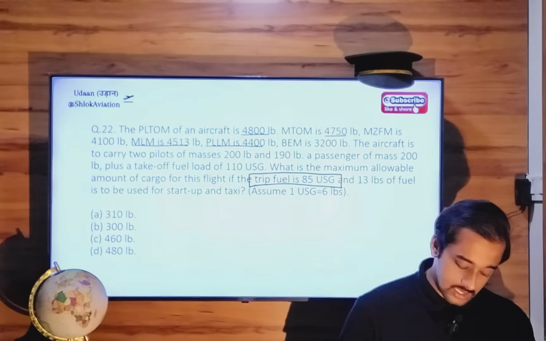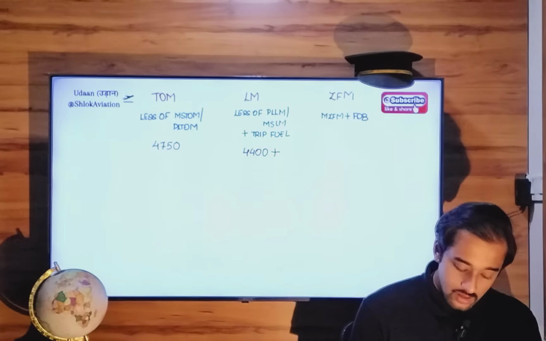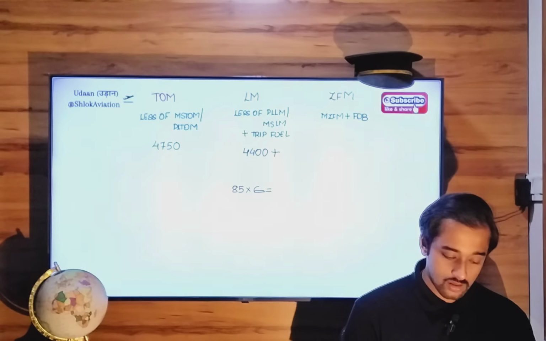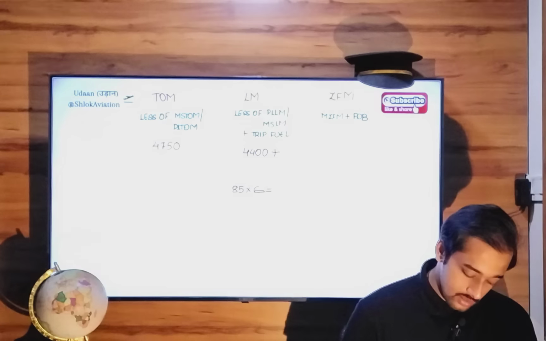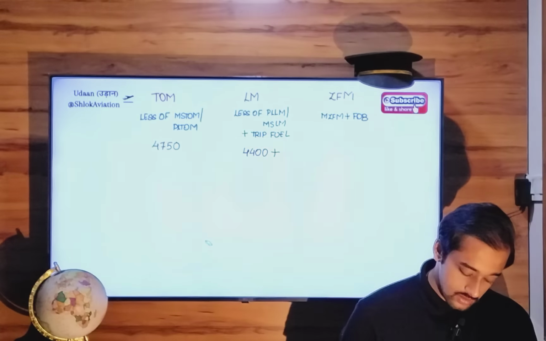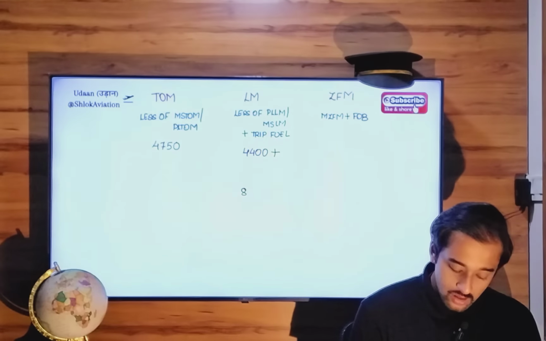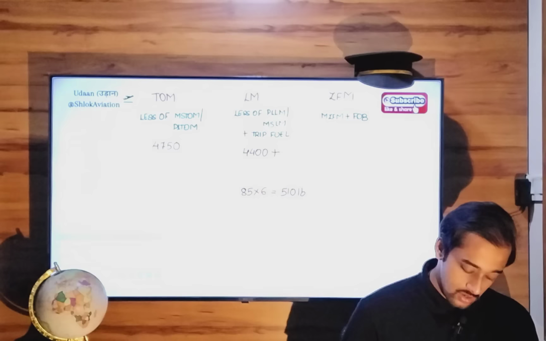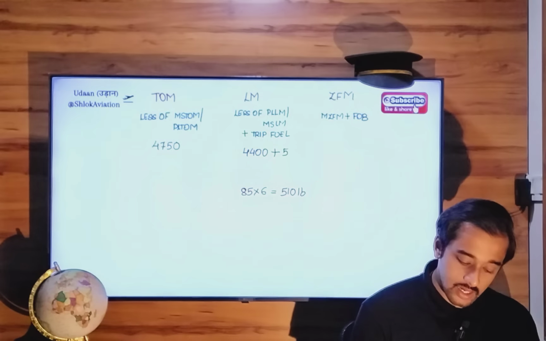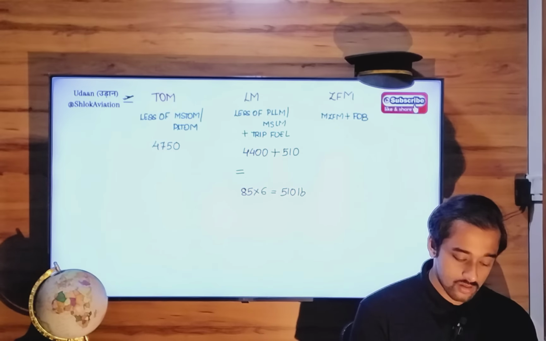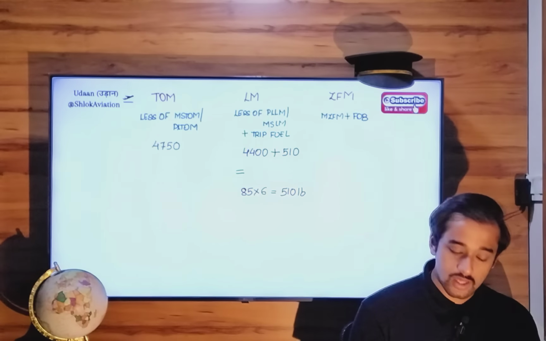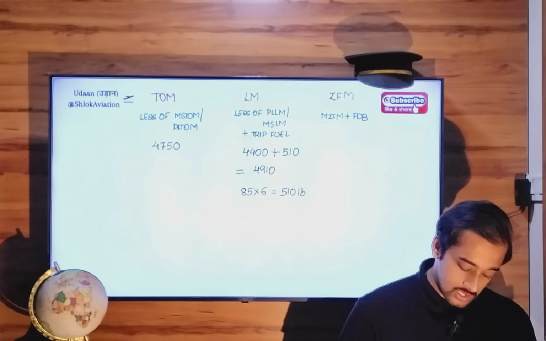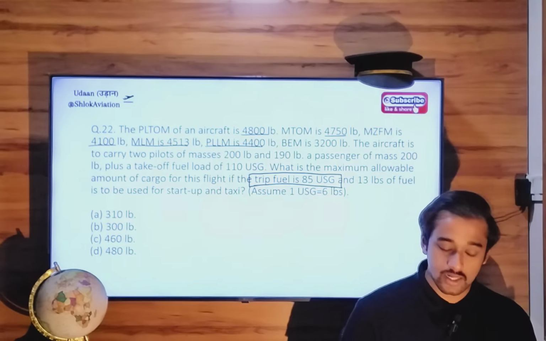So 85 into 6 is equal to 510 pounds. So 4400 plus 510 is 4910, right? Next, maximum zero fuel mass is 4100.